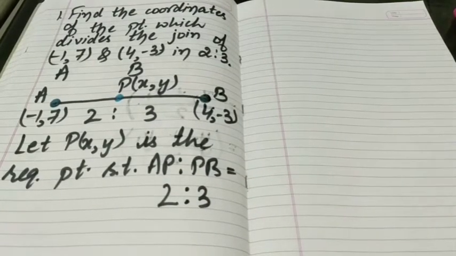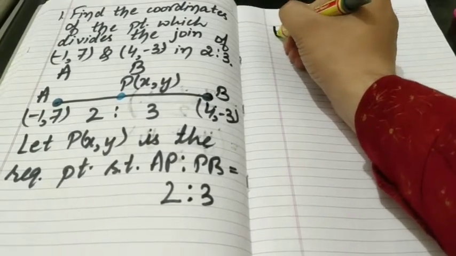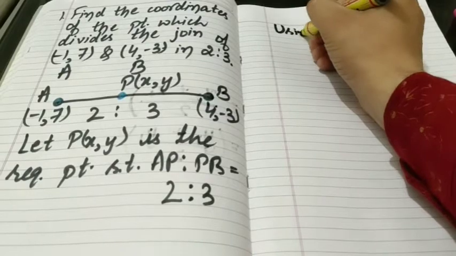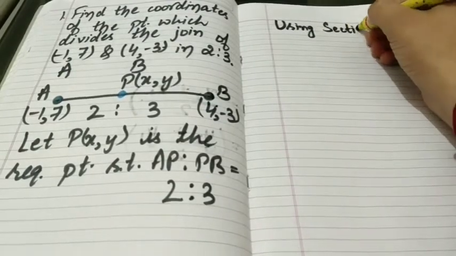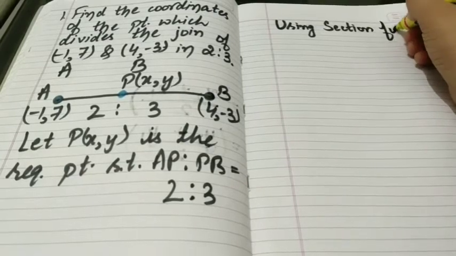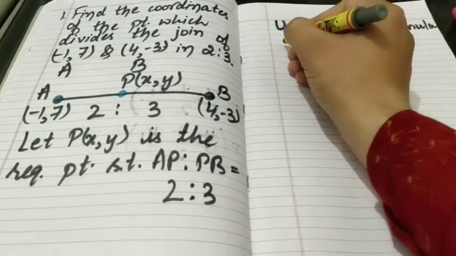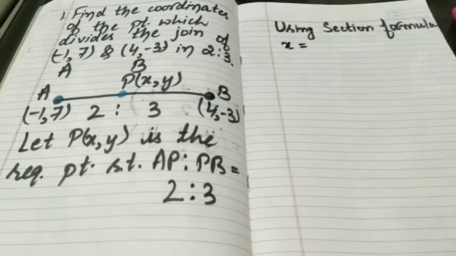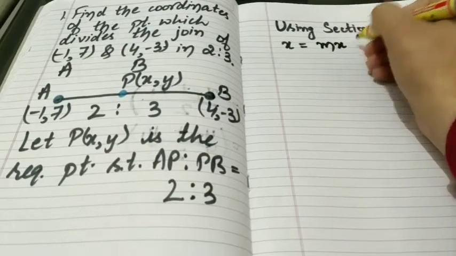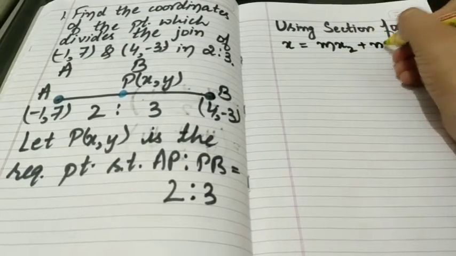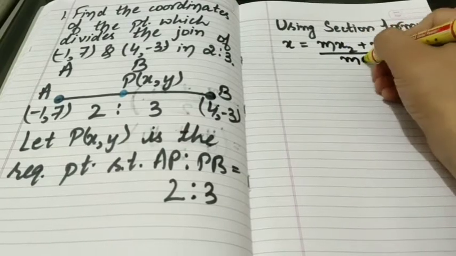Next we will use the section formula. Using the section formula, the x coordinate will be (m x2 + n x1) divided by (m + n).